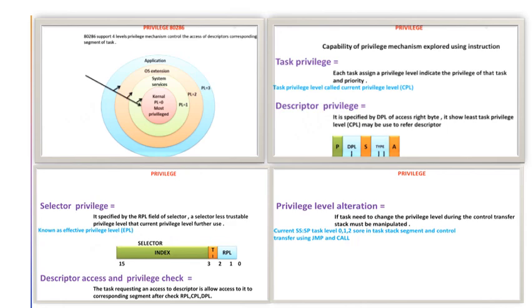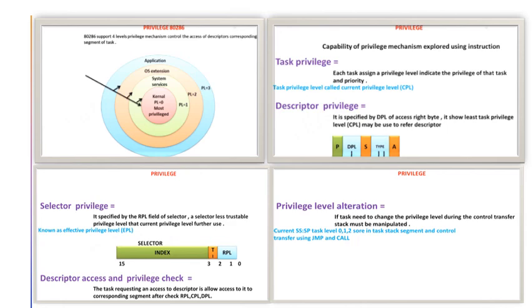Level 0 is the most privileged level, whereas level 3 is the least privileged level. The privilege levels provide protection within a task. The operating system routines, interrupt handlers and other system software can be protected from unauthorized access within the virtual address space of each task using the 4 levels of privilege.